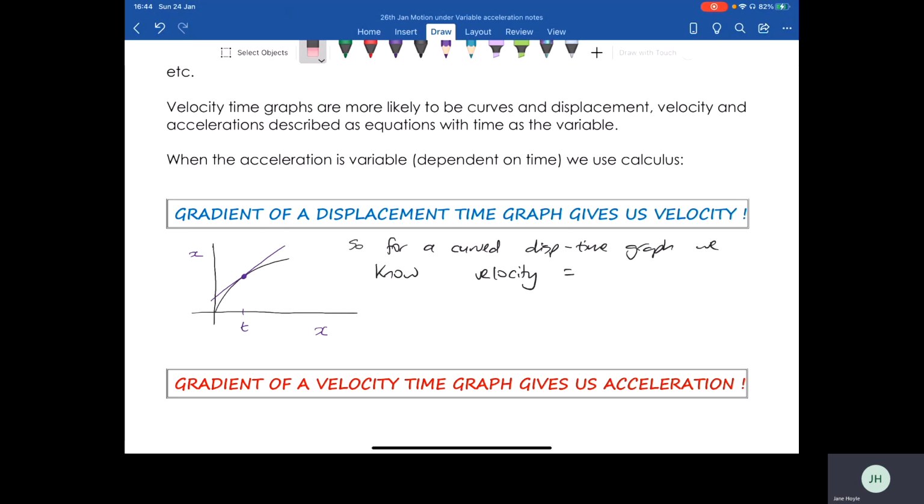Of course, it's not y and x, it's x and t. So instead of dy/dx, we are going to have dx/dt. So velocity is equal to dx/dt. So what we need to do, differentiating displacement, that gets us to a velocity.